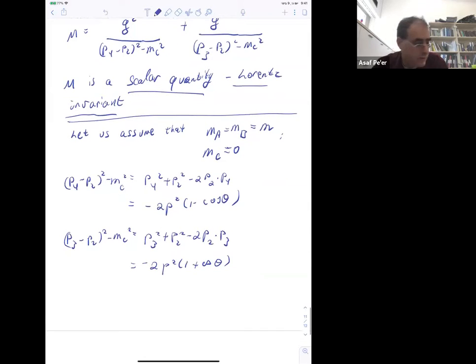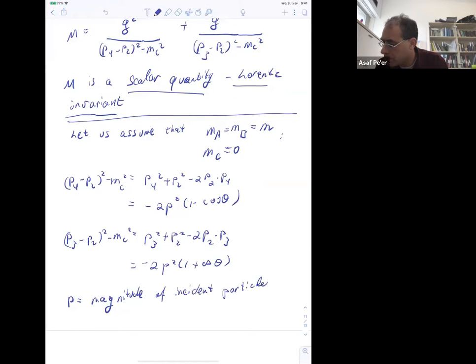P is the magnitude of the incident momentum of particle 1 or 2, in the center of mass frame.